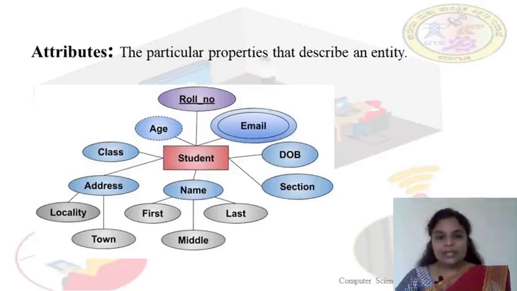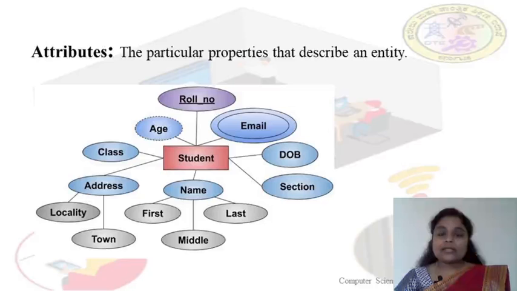For example, if I take person as an entity, the features that describe the person will be considered attributes. Meaning a person's name, height, color, language.